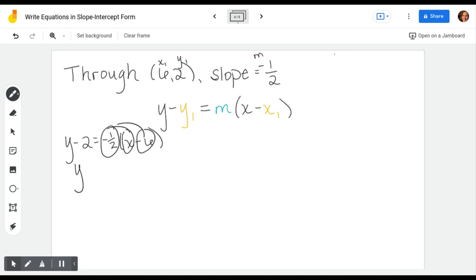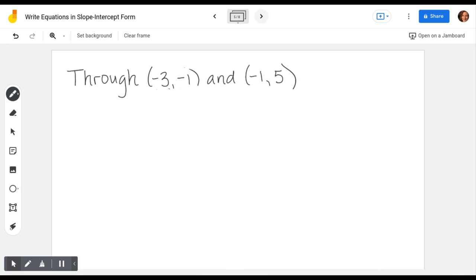So this becomes y minus 2 equals -1/2 x, and then plus 3, because it's a negative times a negative. To get y by itself, I need to add the 2, and I end up with y equals -1/2 x plus 5. So that's what you do if you know a point and you know the slope.